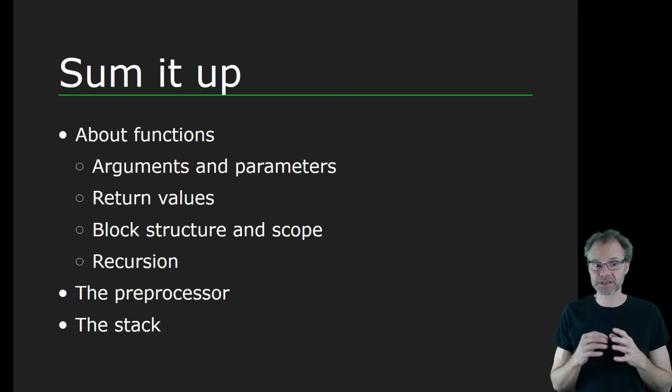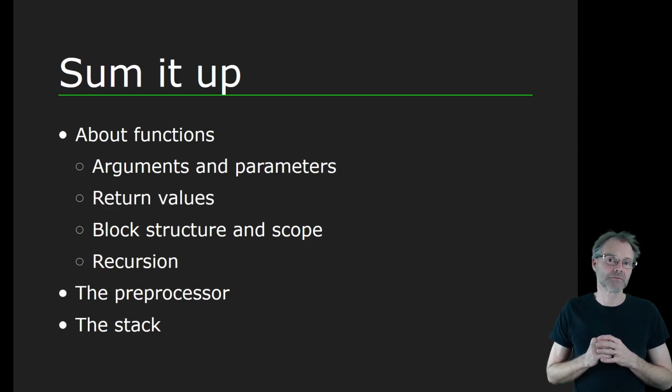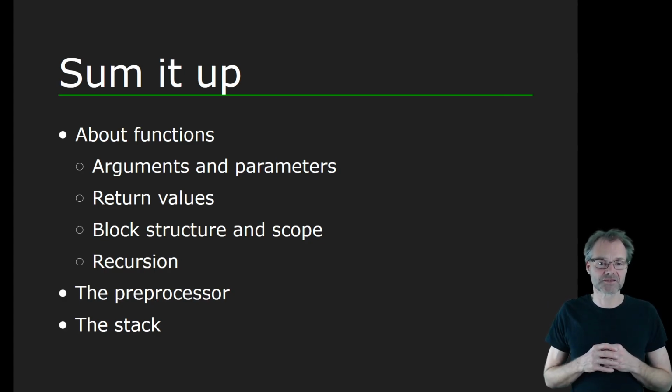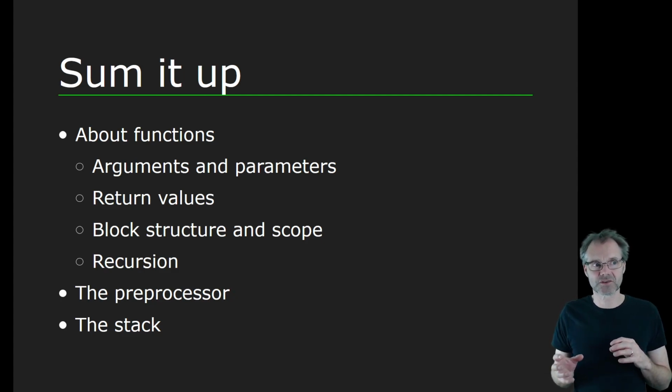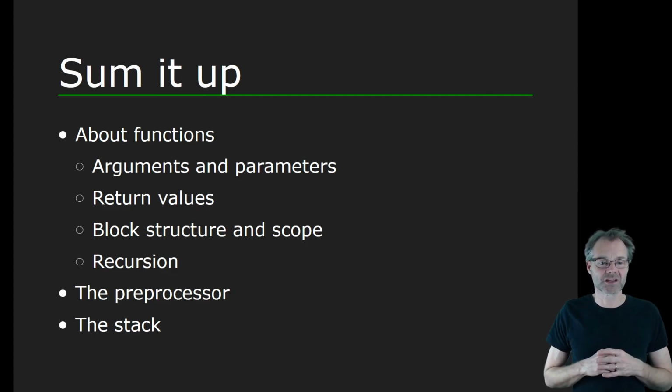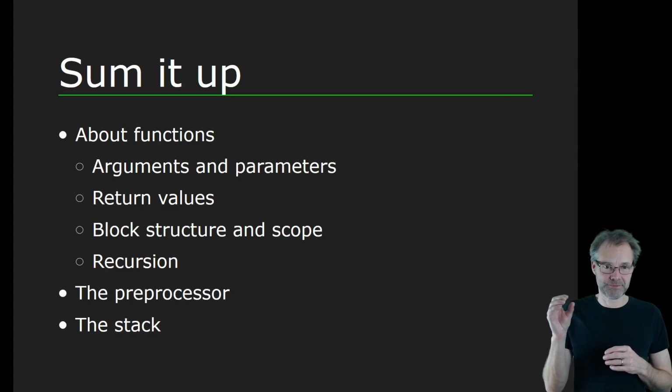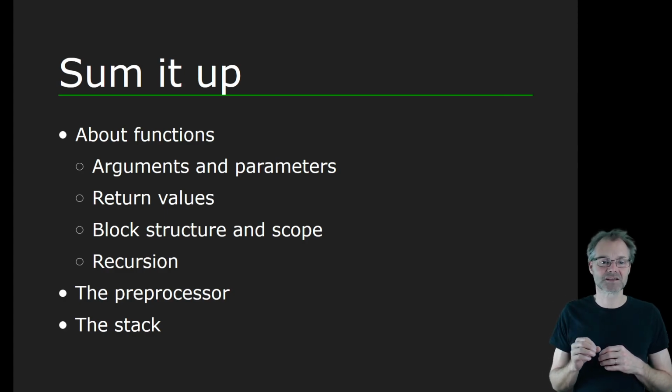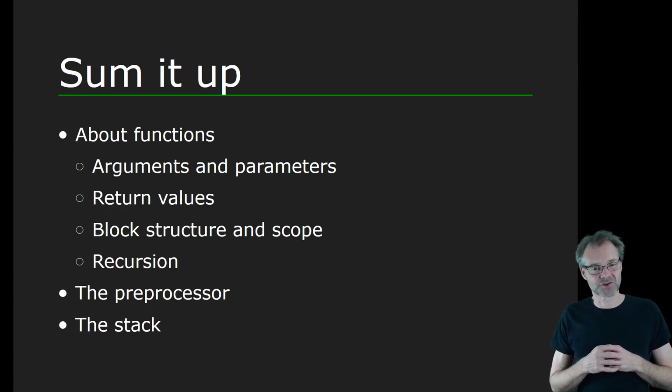So we are trying to wrap this up. To sum it up, we did a lot about functions today. We talked about the basics of how a function works, how to think when we organize them in modules, and how that works with header files and C files. We talked about the bits and pieces of functions like arguments and parameters. We talked about the function's return values.